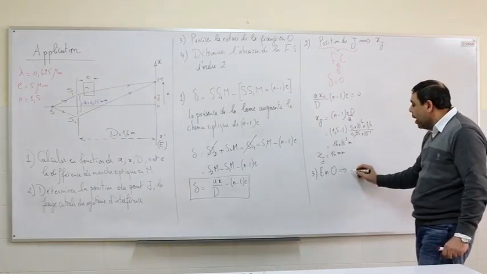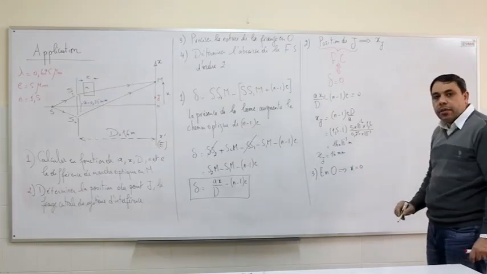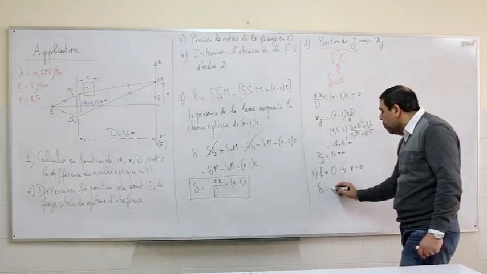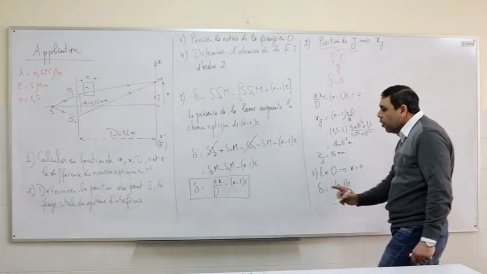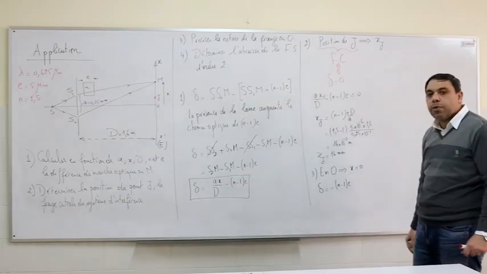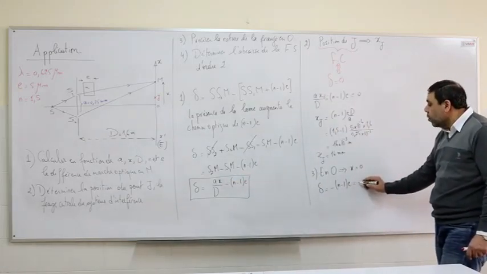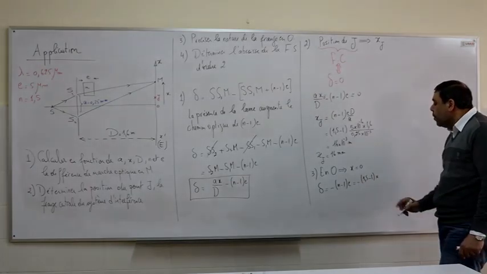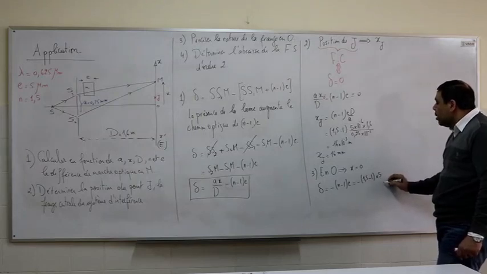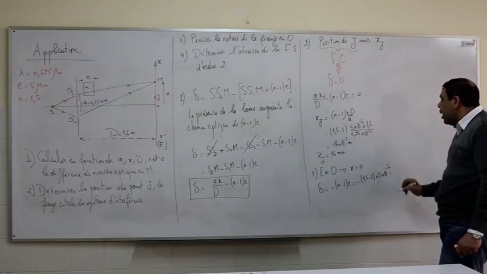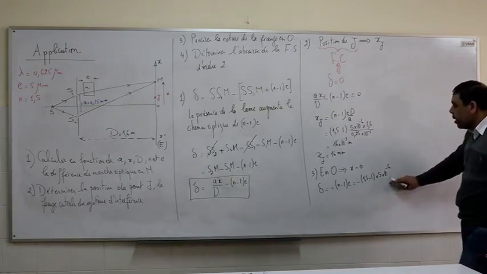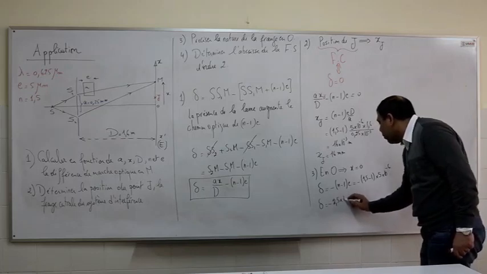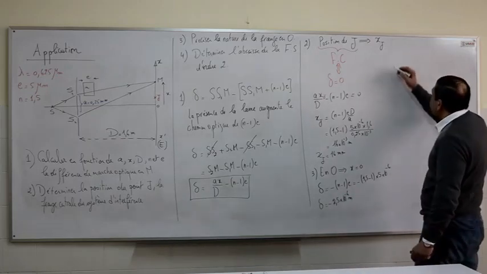By replacing x with 0, delta becomes minus (n minus 1)e, which is equal to minus (1.5 minus 1) times 5 times 10 exponent minus 6. The optical path difference at O becomes minus 2.5 times 10 exponent minus 6 meters.